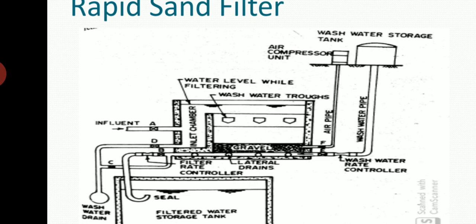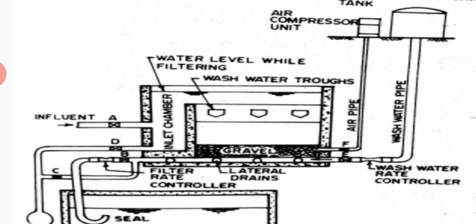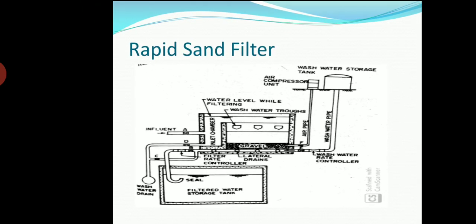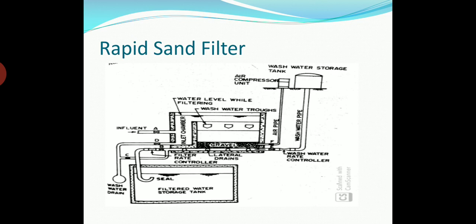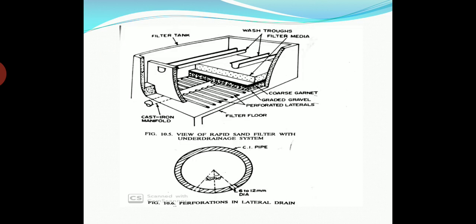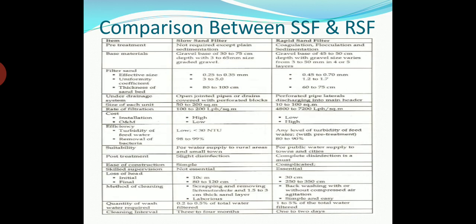So when water is passed in upward direction, the impurity settling around the sand and gravel particles is taken on top and put into the wash water troughs that you see on top. In these troughs the washed water is collected and sent out through the inlet chamber, which is connected to a wash water gutter or drain at the bottom. You can see it. So this is backwashing and working of rapid sand filter.